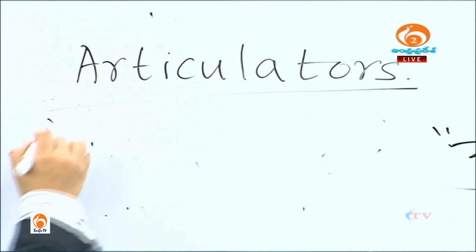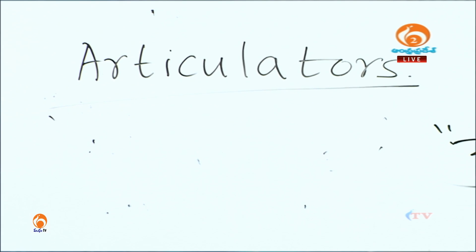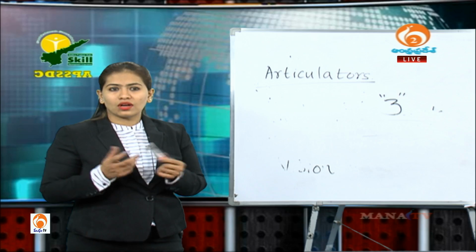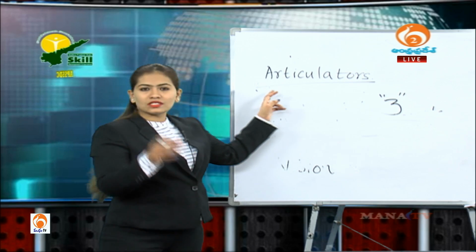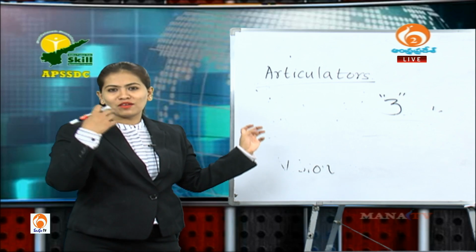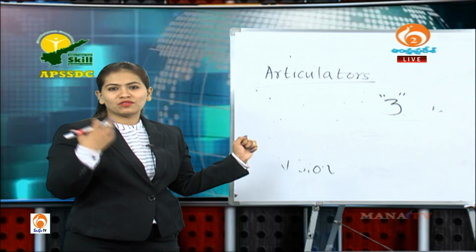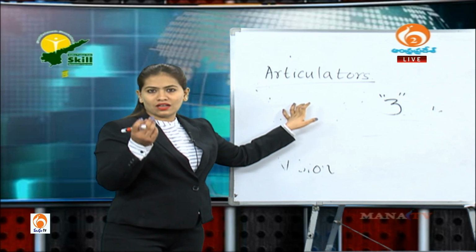So next time when you hear the word articulated properly, you have not articulated the information, you have not articulated the conversation well, by that it means that there was some concern, a challenge with the way you have given out words, the way you have given out the information. So articulators are your mouth organs.